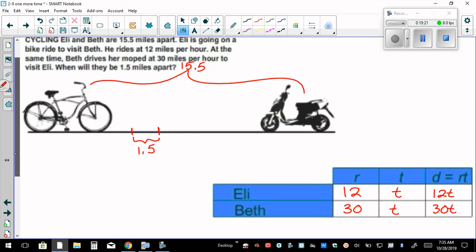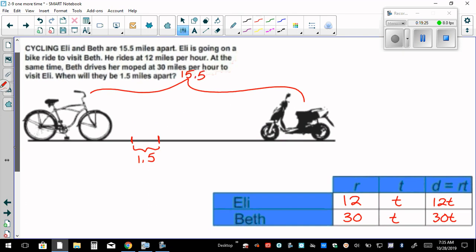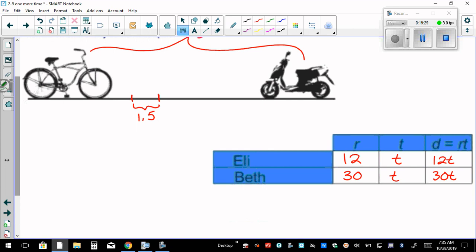Now we can add 12T and 30T, but it's not going to equal 15.5. It's going to equal 14, because remember, we need this distance right here subtracted from the total. 15.5 minus 1.5 gives us 14.0 miles.